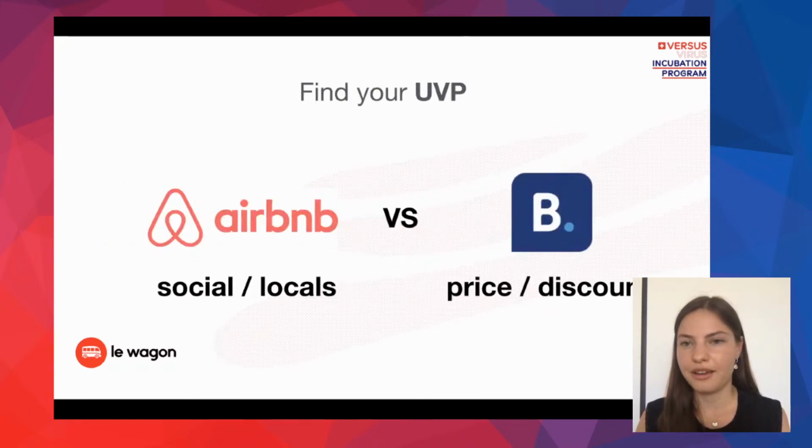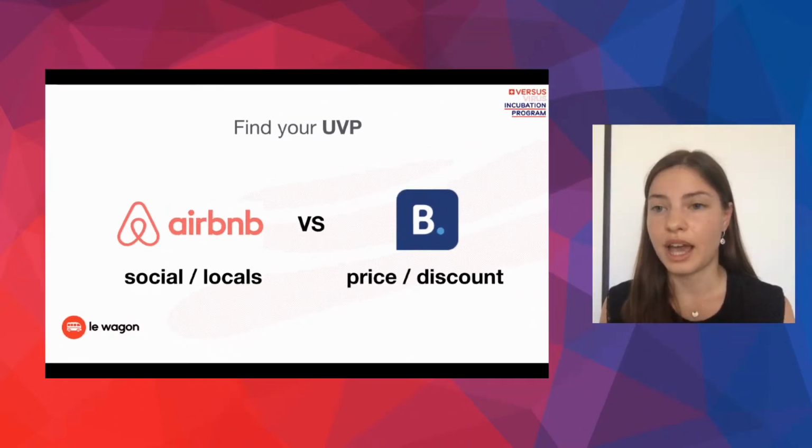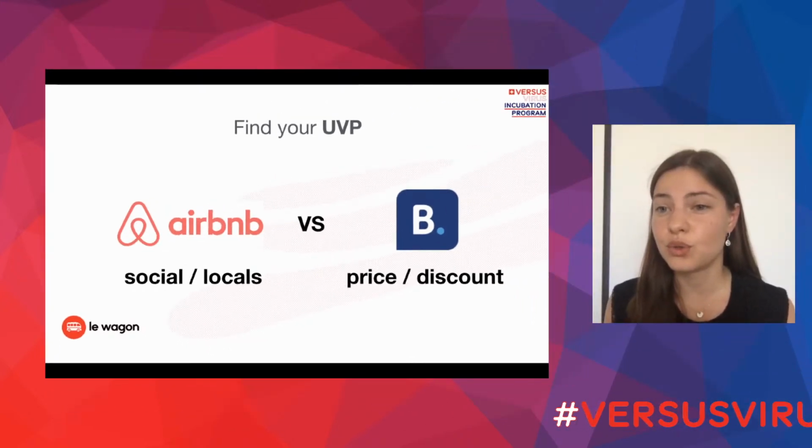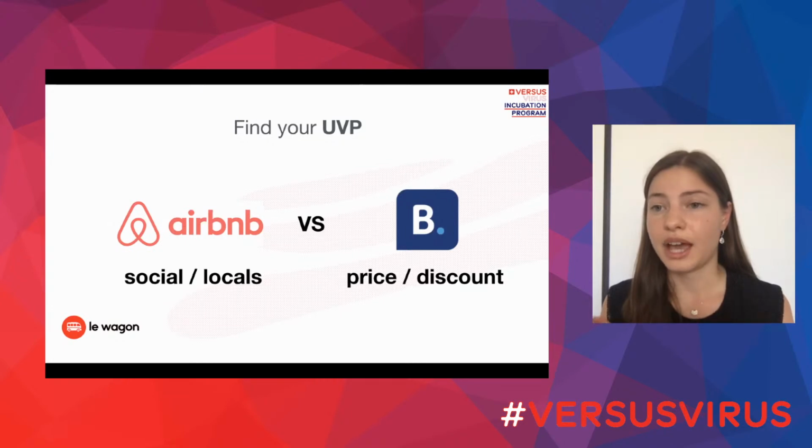If we compare the unique value proposition of Airbnb and Booking.com, we see that Airbnb really focuses on being social. They focus on reviews, ratings and experiences to make it feel like an authentic experience of booking there. Booking.com focuses more on price and finding the best deals.